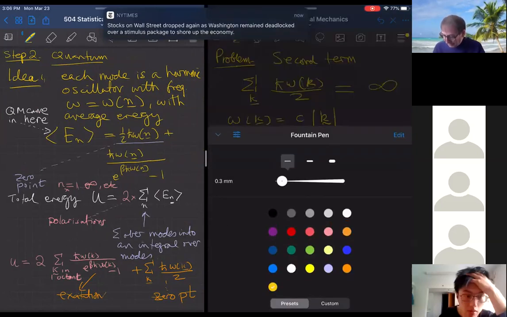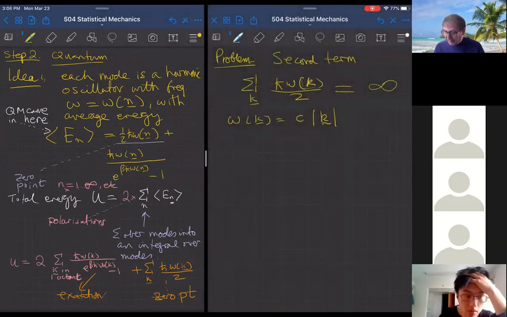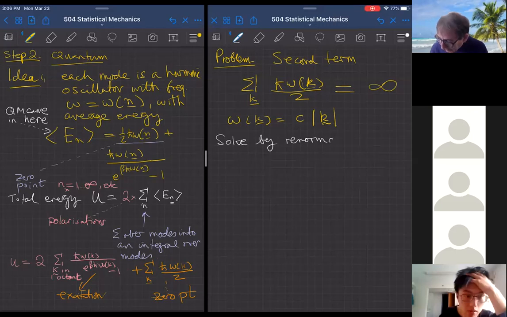So the way you can solve that problem is by a renormalization. Renormalization probably sounds like something very complicated to you, and you've probably heard about it.